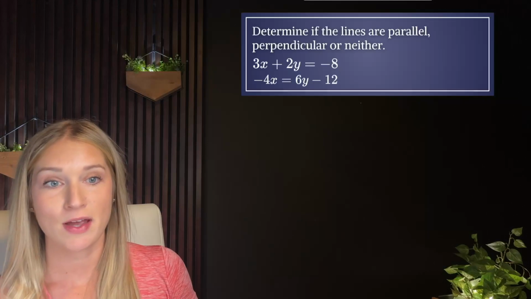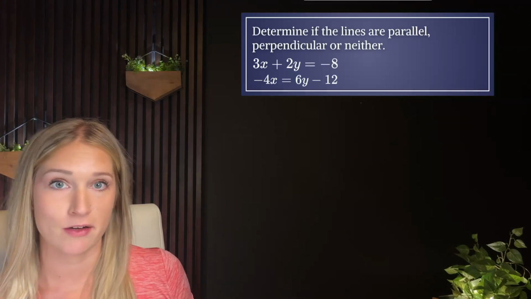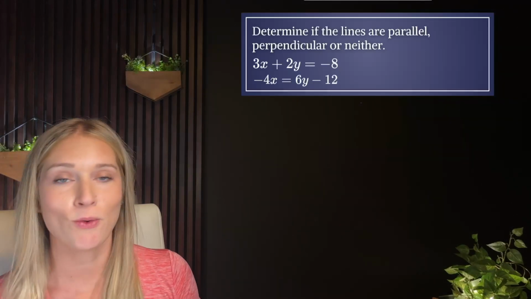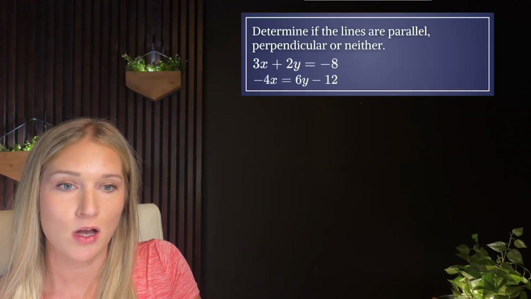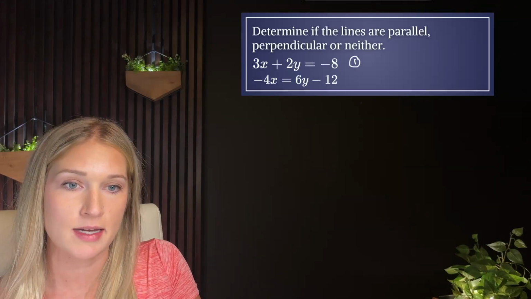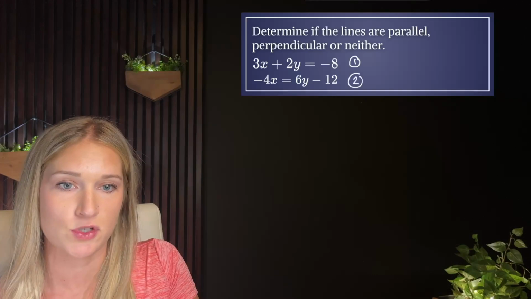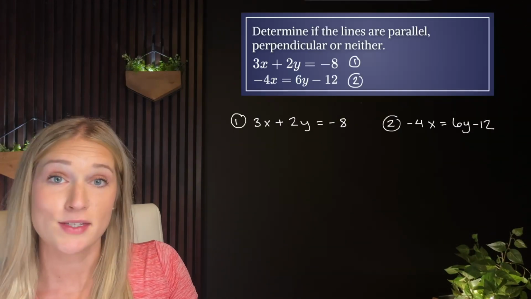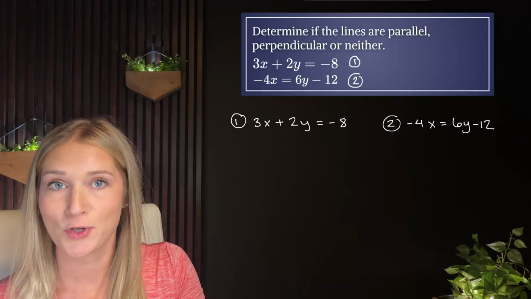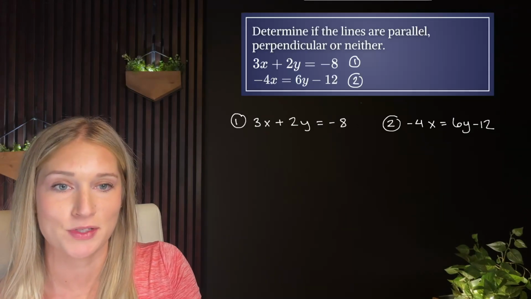So here, if I want to know whether my lines are parallel or perpendicular, the only thing I need to do is find the slopes and then compare them. So I'll call the top line line number 1, and then the bottom line will be line number 2. To find the slope of each of these lines, all I'm going to do is rewrite them in slope-intercept form.